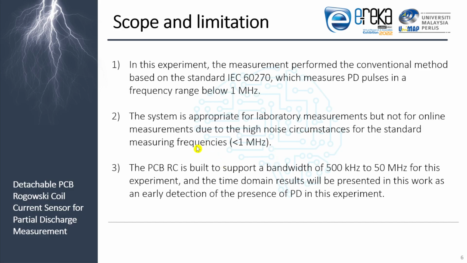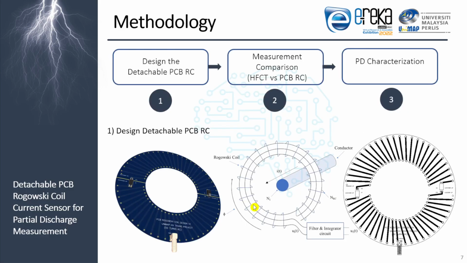The standard measuring frequency is below 1 MHz, and the PCB-RC is built to support the bandwidth of 500 kHz to 50 MHz. And here is the methodology of my project.